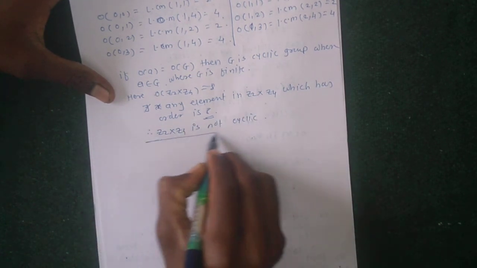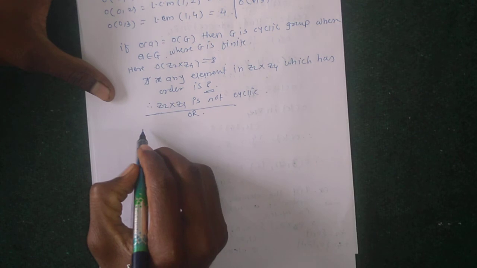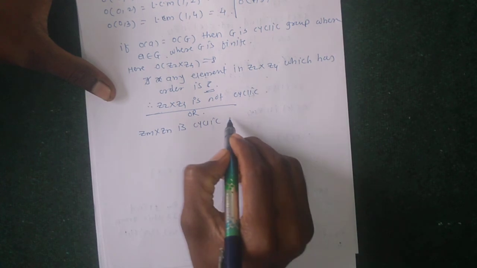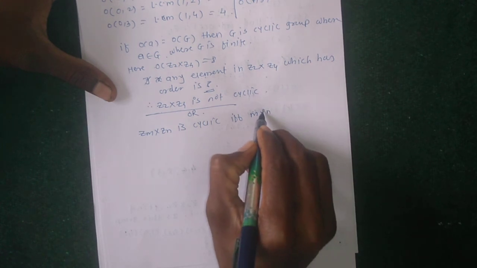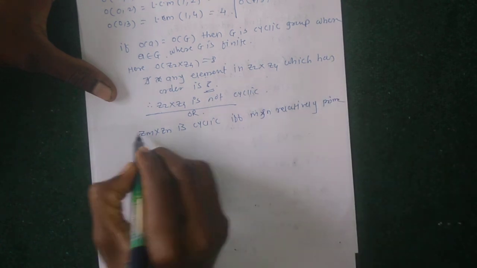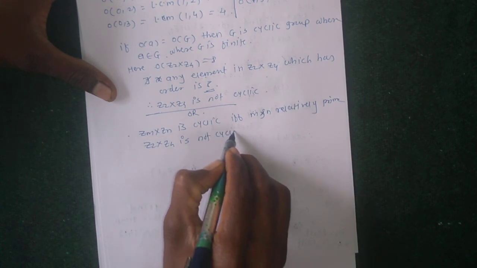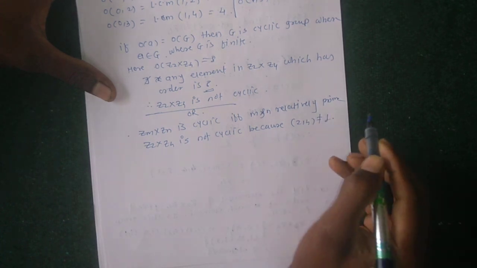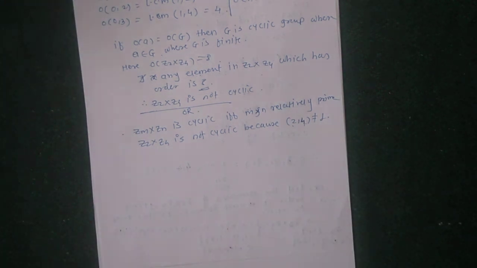Or, from a previous theorem we saw that Zm cross Zn is cyclic if and only if m and n are relatively prime. Using this result, Z2 cross Z4 is not cyclic because the GCD of 2 and 4 is not equal to 1, so 2 and 4 are not relatively prime.